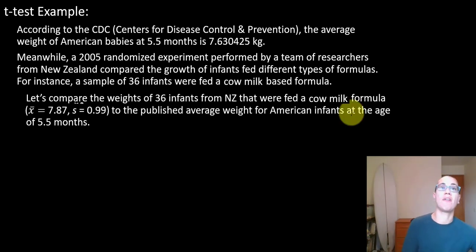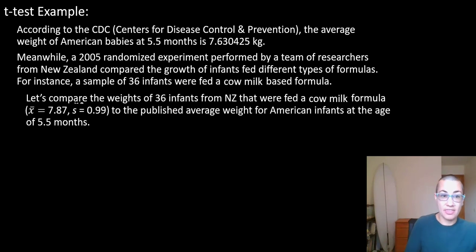Let's write down all of our known information before we get into hypotheses and test statistic. Let's just get it all written down. The sample info, that's the information from the New Zealand study.